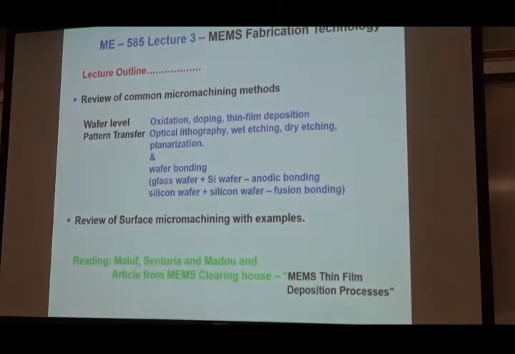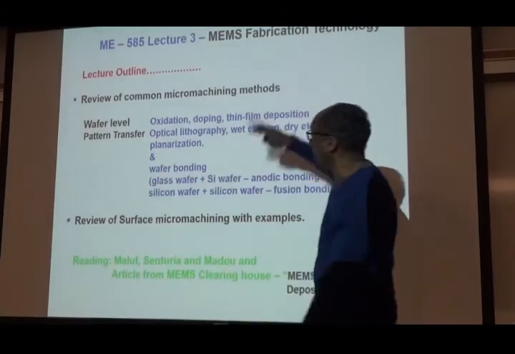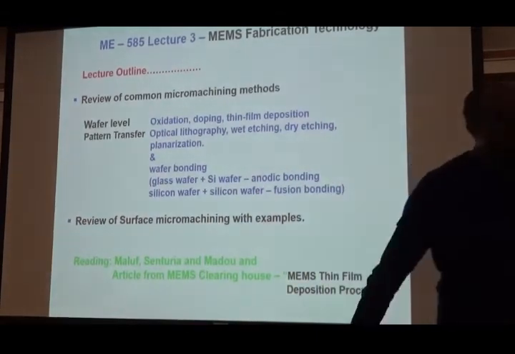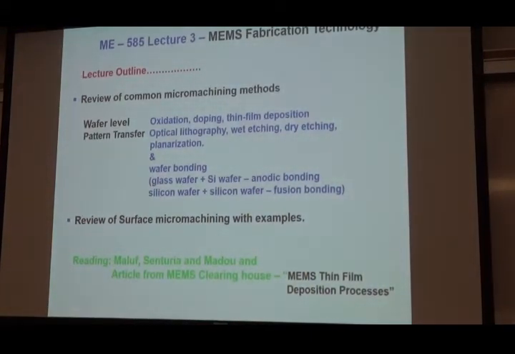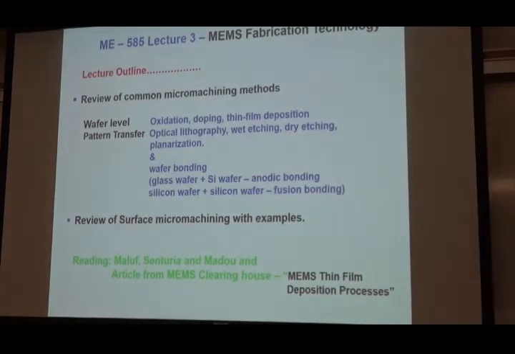So what I would like to cover today is mainly a review of the micromachining methods, just like I said. So we're going to talk about oxidation, which we partly did last week. But I'm going to give you the equations and so on, doping, and the various thin film depositions, including metal, sputtering, evaporation.